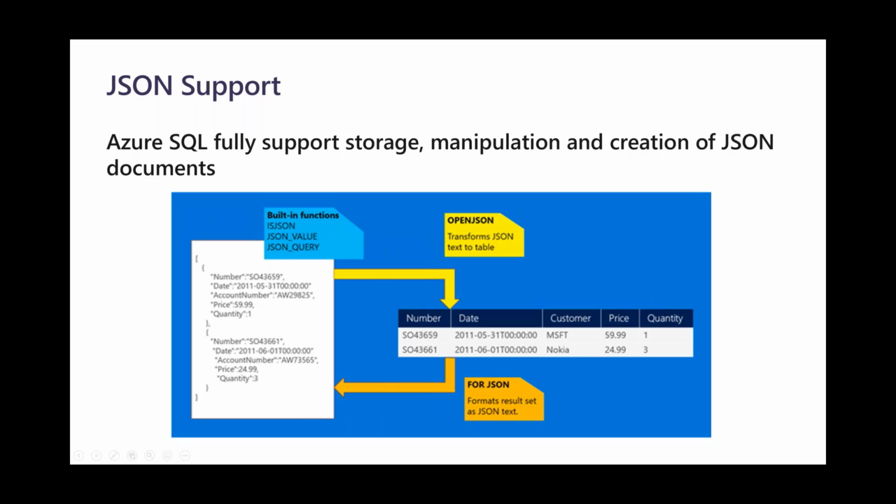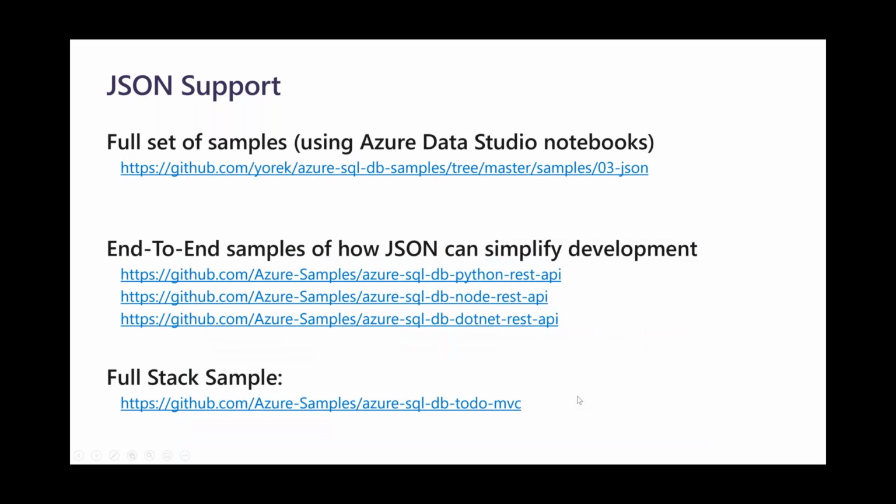Let me pull up, actually, this is the next slide, maybe. There are some samples, and you are more than welcome to clone them, use them, and test them. The first one has quite a bit of other stuff besides JSON, and I'm going to run some of its queries.